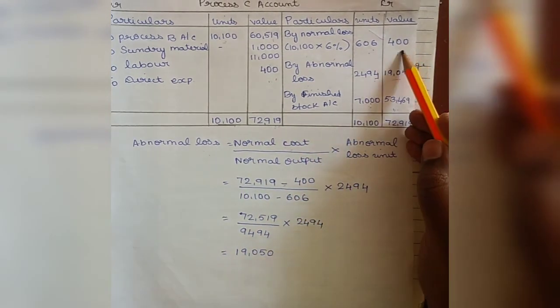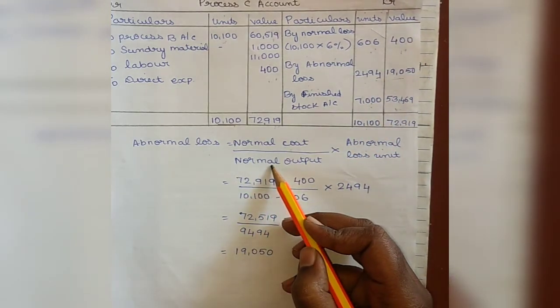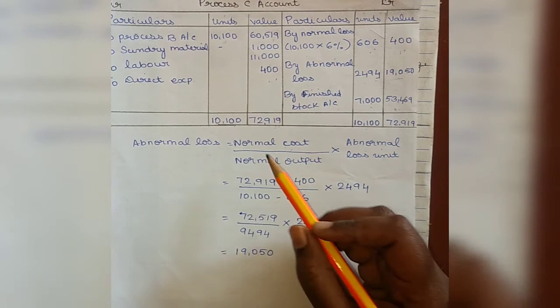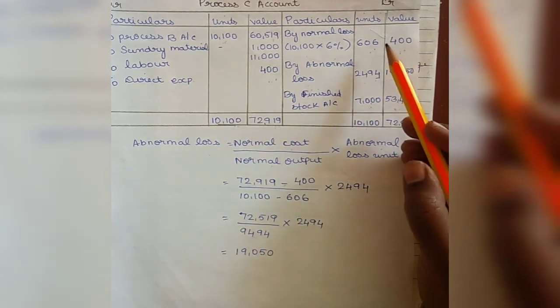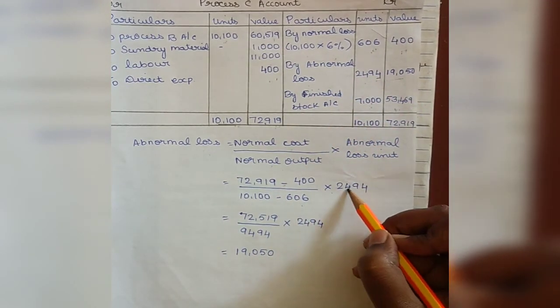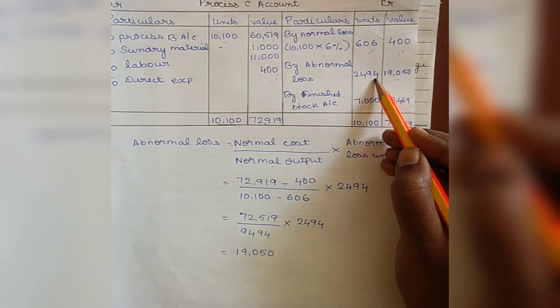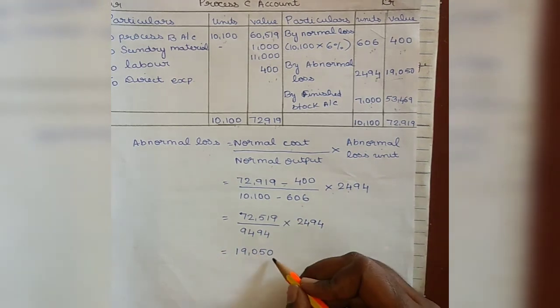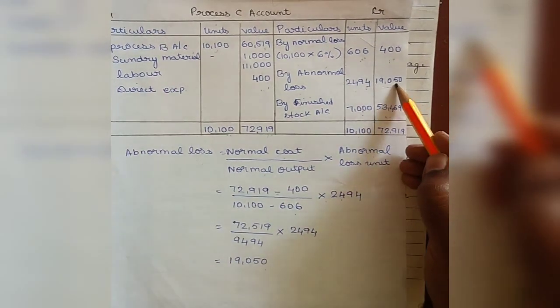What is the normal loss value? 400, divided by normal output. How did we get this normal output? The input that you have introduced, which is 10,100, minus the normal loss units, which is 606, multiplied by the abnormal loss units. This abnormal loss units is what we have got here, which is 2,494. If you solve this, you will get the value as 19,050. That 19,050 is what I have written here.